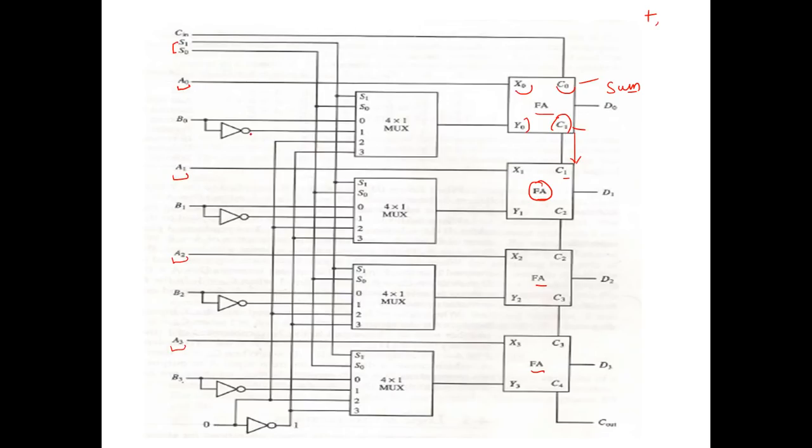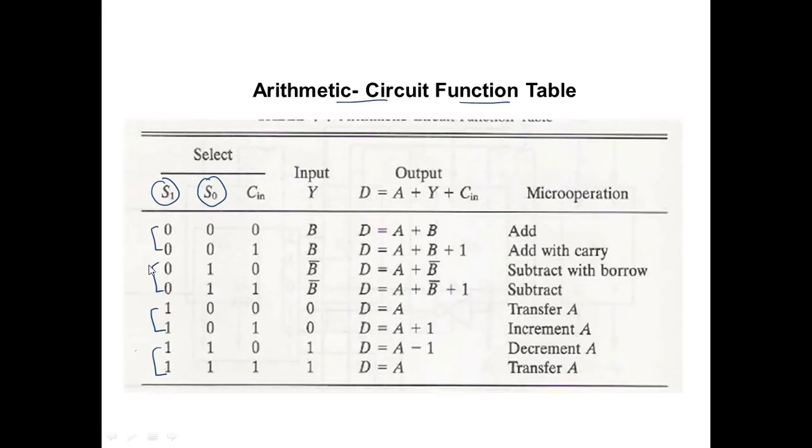The only thing we need to change is this B0, meaning the second bit output. How I can do that is, if you can see here, for this 0 0, it means this is the 0th pin of the multiplexer.